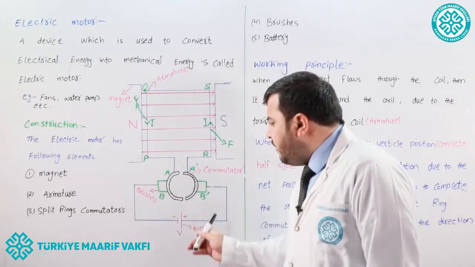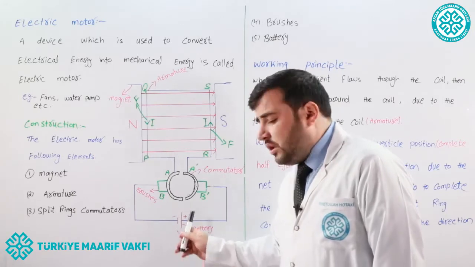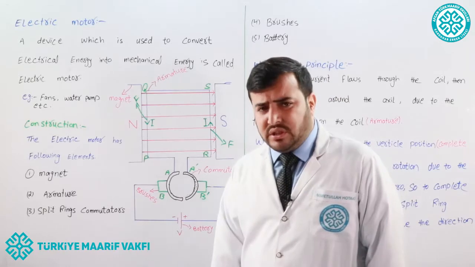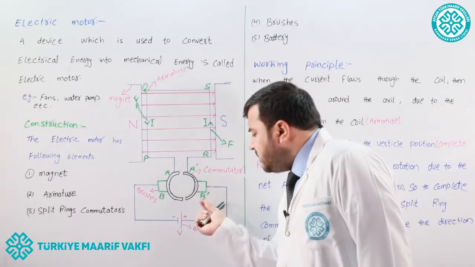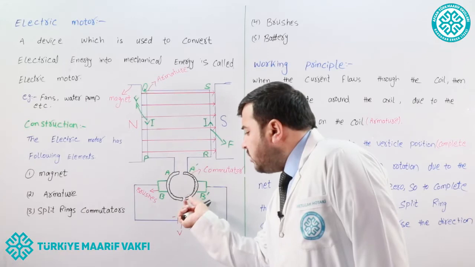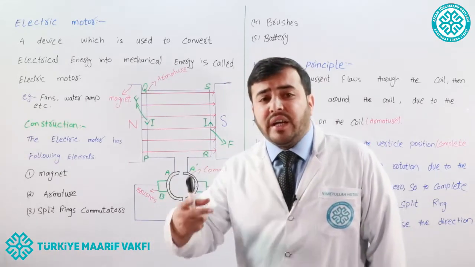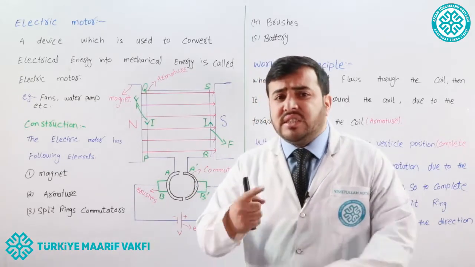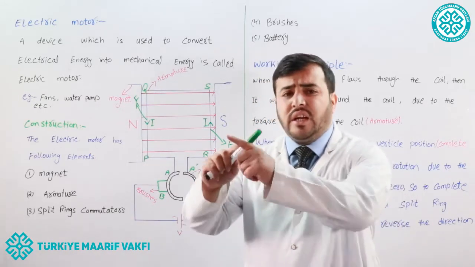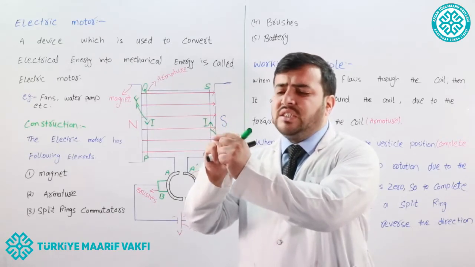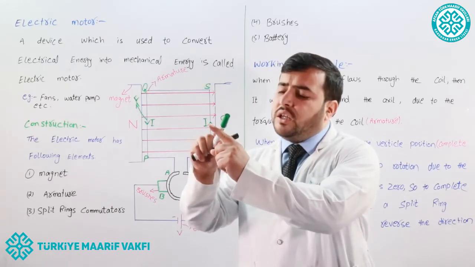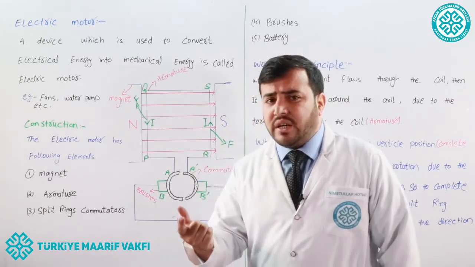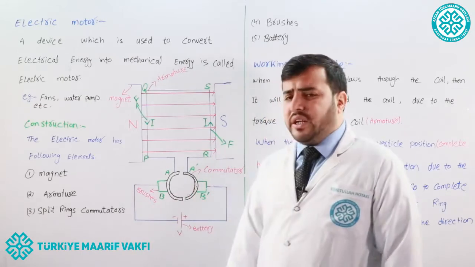When the current starts to flow from the battery, it comes to the brush, and the brush is in contact. It is not connected with the split ring, it is just touching. Like here you can see this marker is just touching my finger, and by touching the split ring it provides electrical current to the split ring.